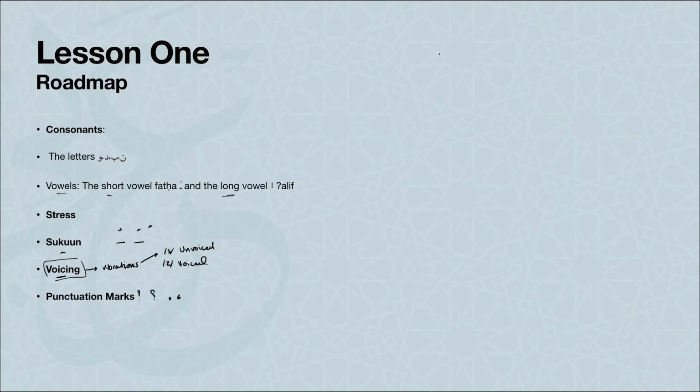These vowels divide into long and short. We learned 2 of these vowels, and we will get to them in a bit. And then we took an overview of how we stress certain words in Arabic.